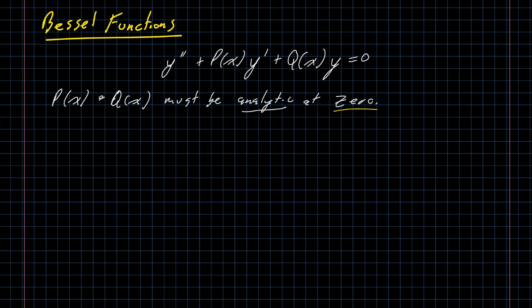But 0 tends to be the most useful one, so that's what I'm going with here. If it is the case that these two functions are analytic, we call it an ordinary point. And we are kind of happy, we don't worry about it.